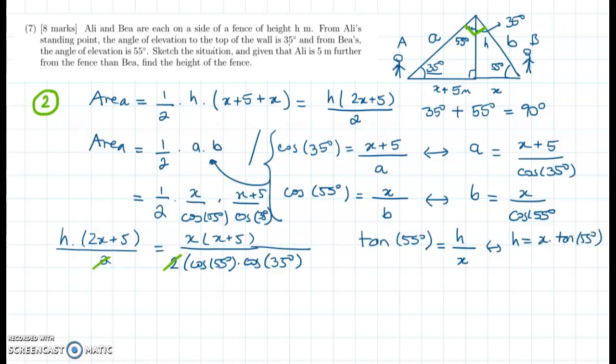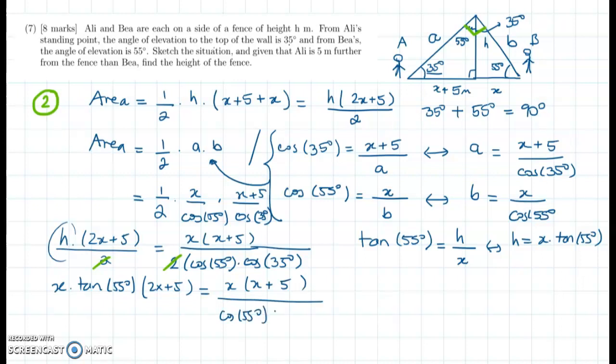So going back to this h over here, we are going to substitute x times tangent of 55 degrees times 2x plus 5, and then that has to be the same as x times x plus 5 over cosine of 55 degrees times cosine of 35 degrees. And at this point, we need to isolate x.